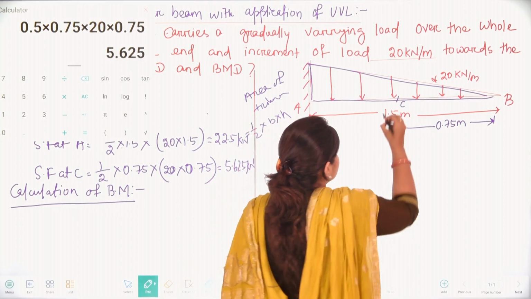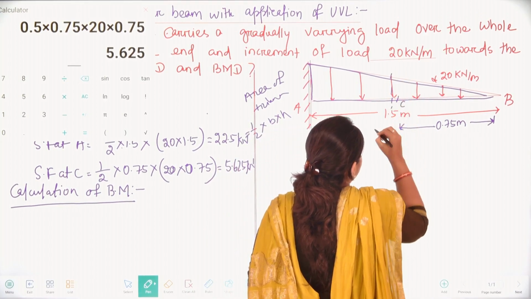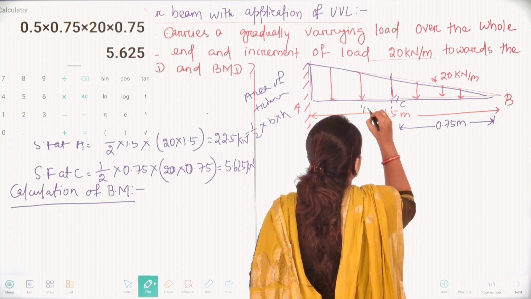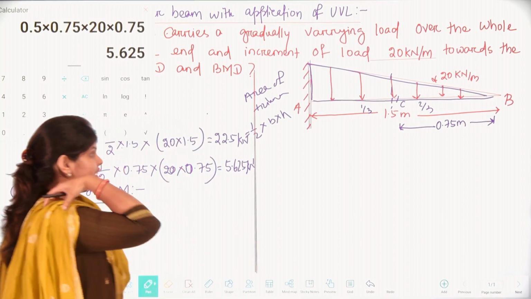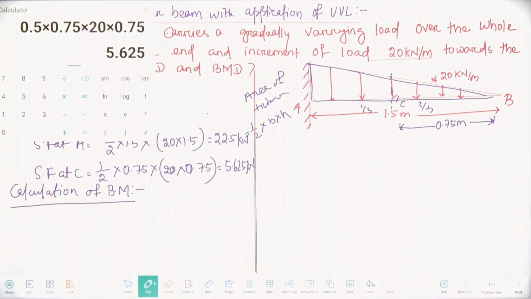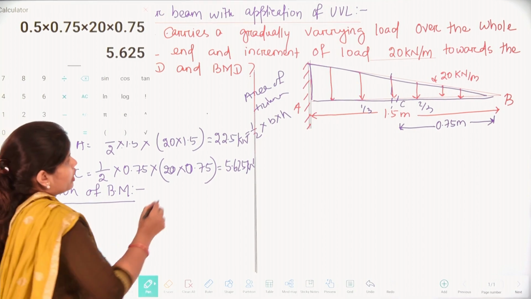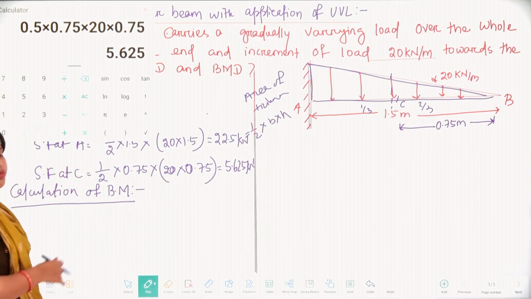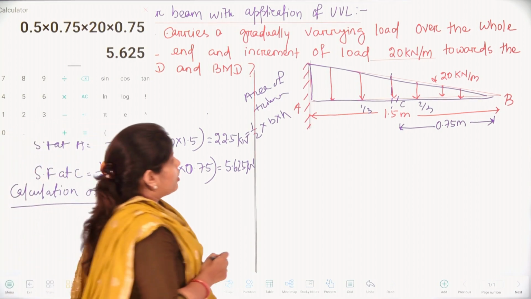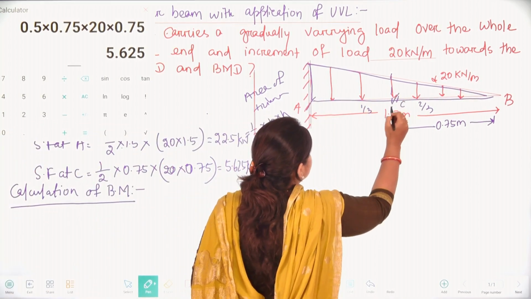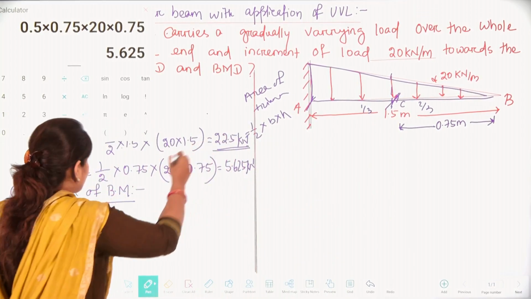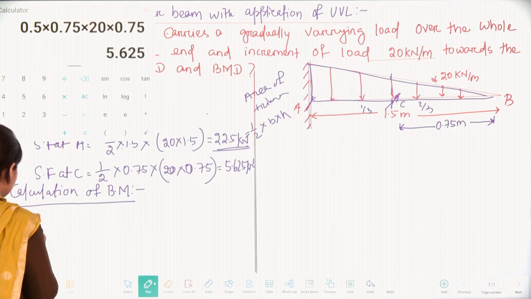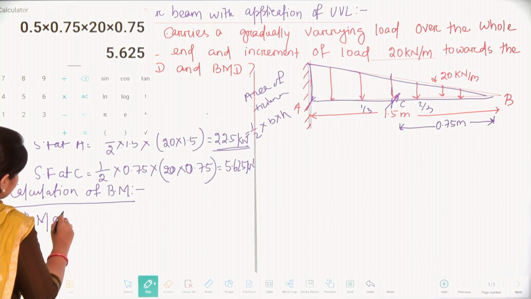You can see the midpoint will be at 1 by 3 and 2 by 3. This will be the centroid of the triangle. So here we will multiply 1.5 divided by 3 for this distance. We have the shear force value, we multiply the distance, and we get the bending moment.